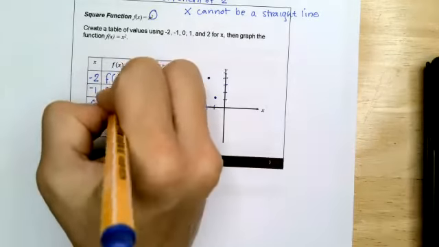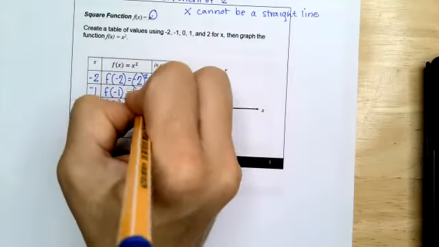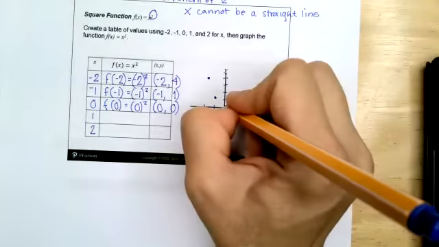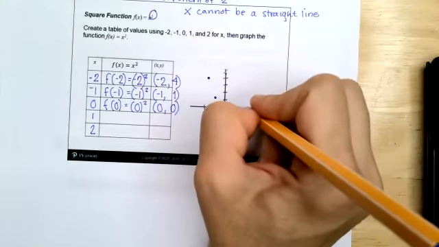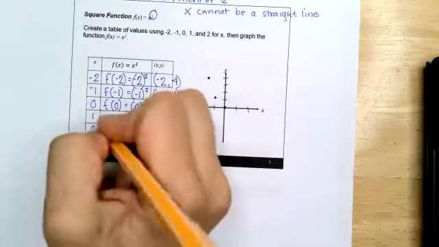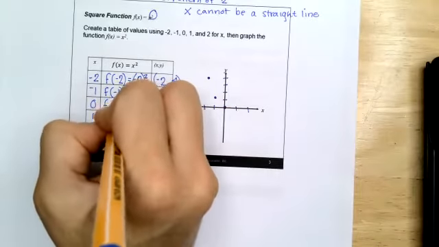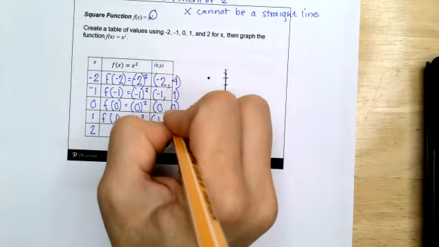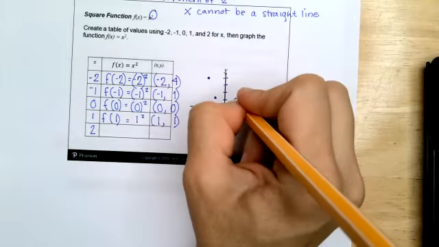0 means I'm going to square 0 and I get the origin, 0, 0. Now I'm going to go to +1. 1 squared is just 1.